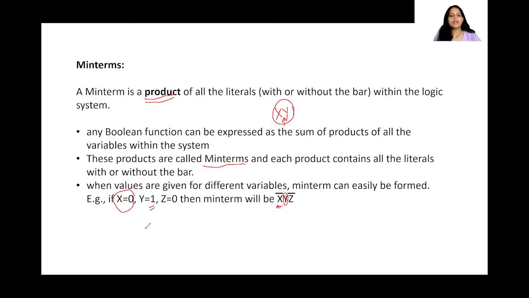So if I say 0, 0, 1, suppose this is x, y, z, then it means x bar, y bar, z. Whenever the value is 1, we do not put a bar on that variable, and whenever the value is 0, we take the complement of that variable. I hope these three points are clear.